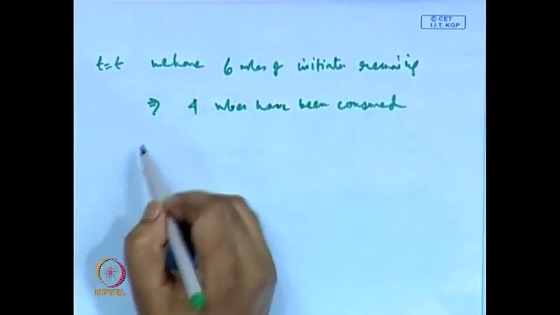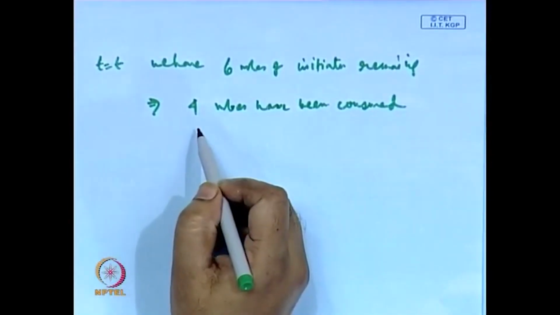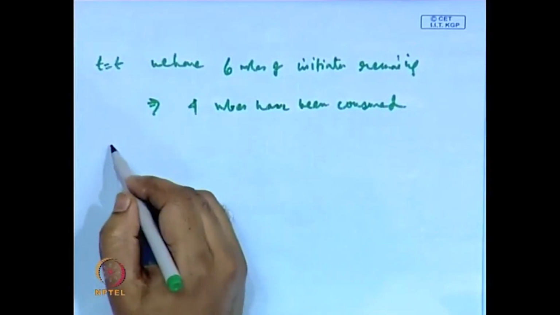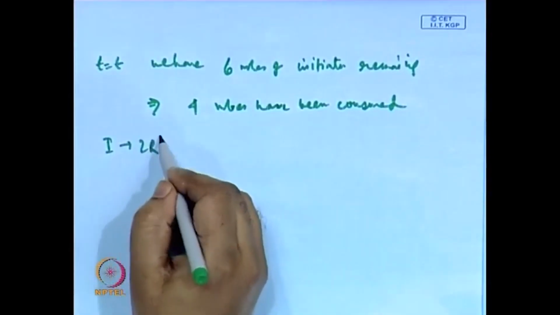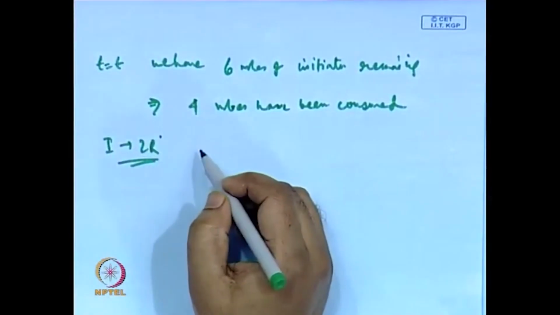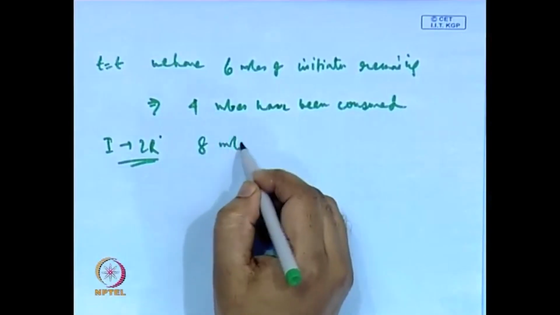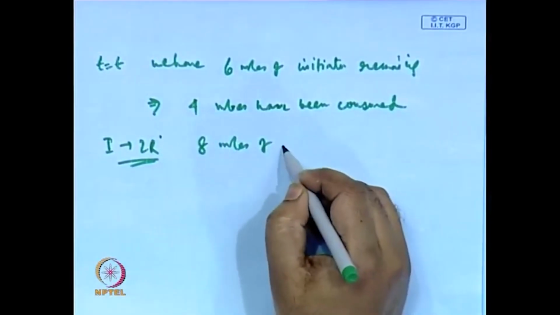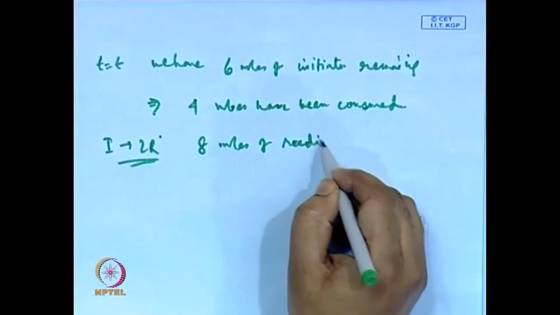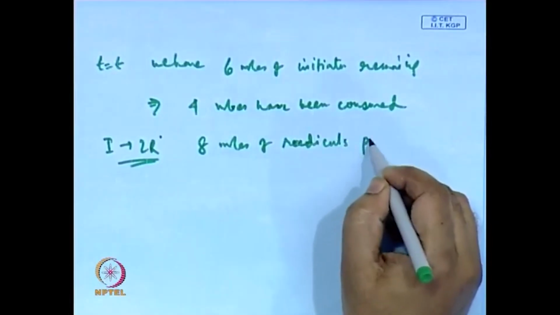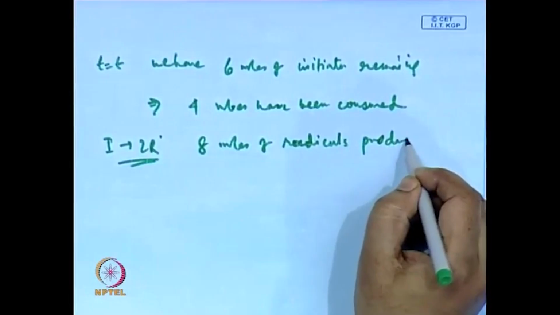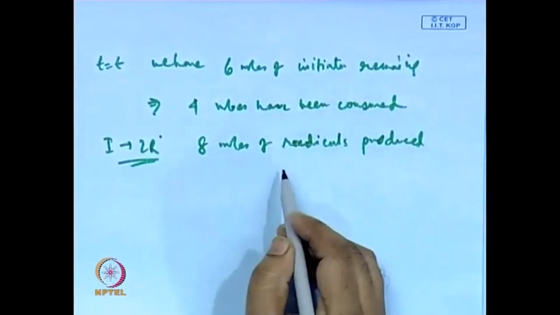Each initiator molecule produces, if you consider a thermally initiated polymerization, each I produces 2 R dot. So, there are 8 moles of radicals produced during this time frame during the polymerization reaction.